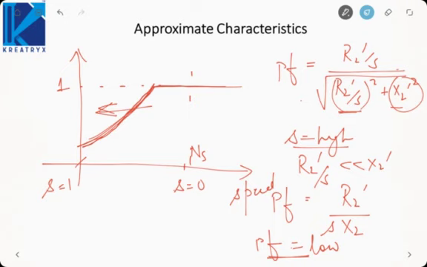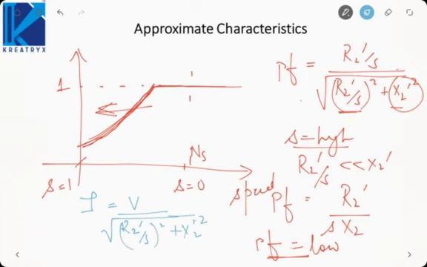In the high slip region, the rotor current will be V by under root (R2 dash by S) square plus X2 dash square.